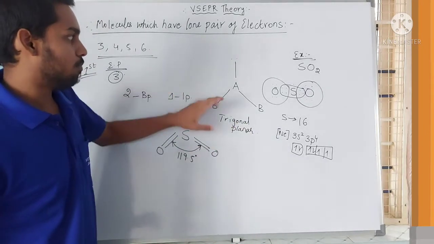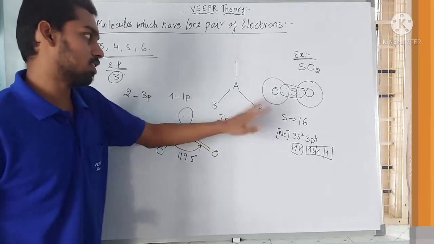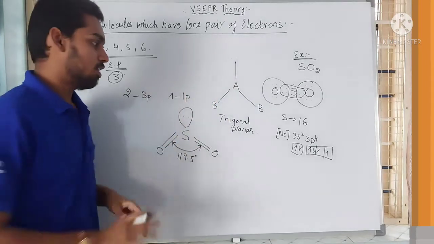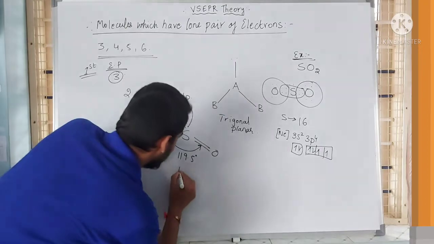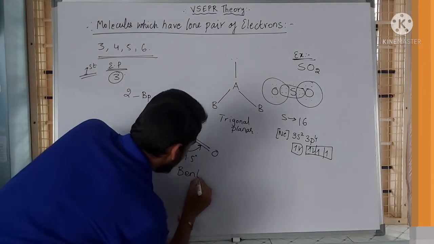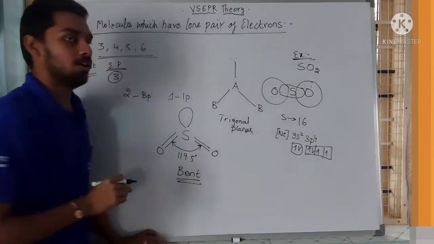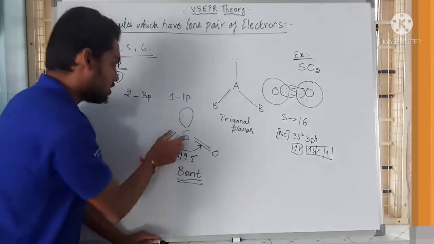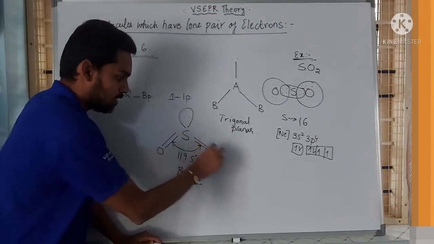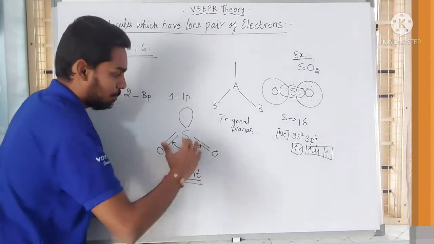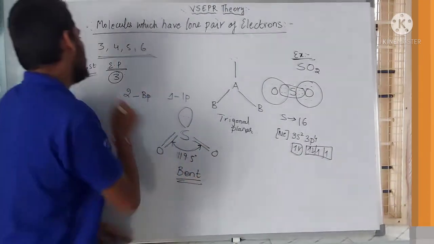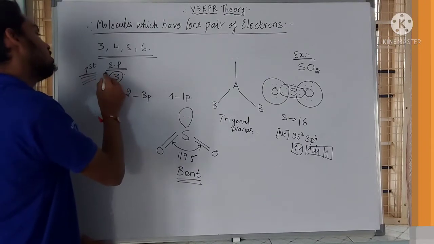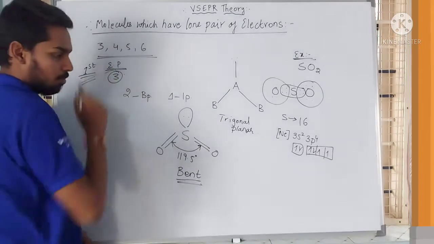Imagine if this is one atom and these are 3 atoms, then it forms trigonal planar. But the geometry of this structure is bent. When we are talking about geometry, we don't consider the lone pair, we just consider the bonded pairs. Hence this is one atom, this is one bond, and this is another bond. So it is a bit bent, so we call it a bent structure. This is the first type, where the electron pairs are 3 in number.